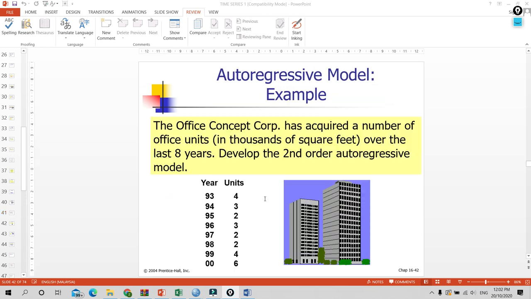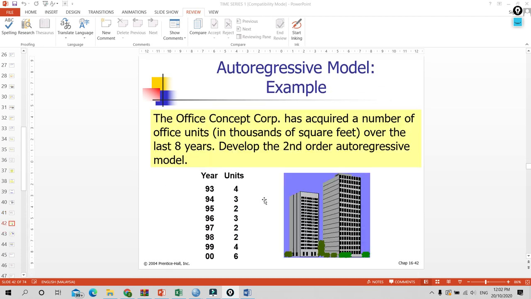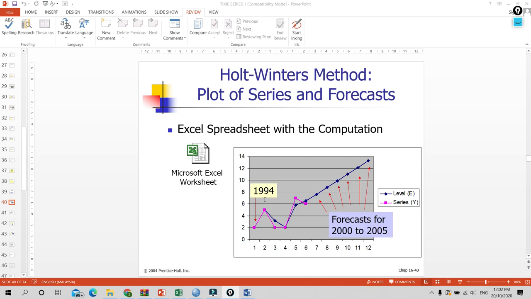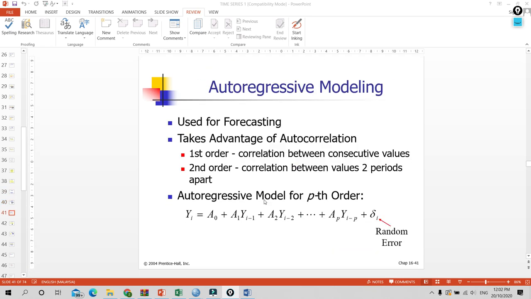So for the next lesson, I will show you how to use the Holt-Winters method to do forecasting, and then the autoregressive model to do forecasting.